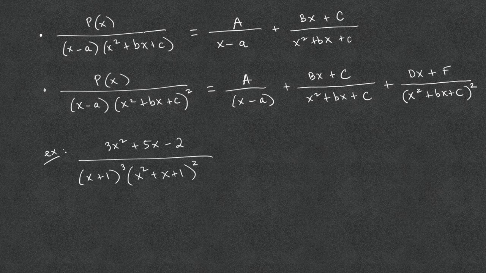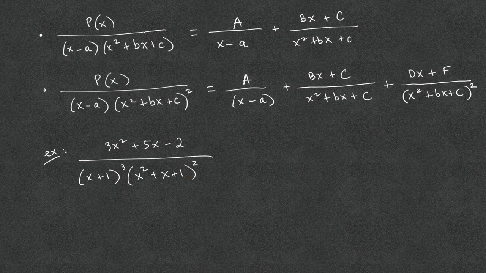For example, to decompose 3x squared plus 5x minus 2 over x plus 1 cubed times the quantity x squared plus x plus 1 squared, we first note that this is proper because the degree in the numerator is 2 and the degree in the denominator is 3 plus 4, which is 7.